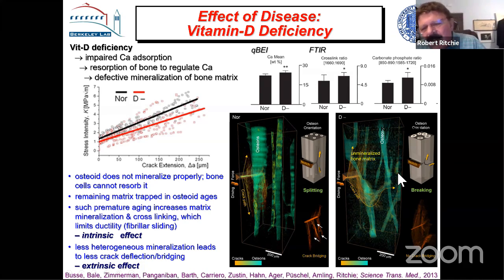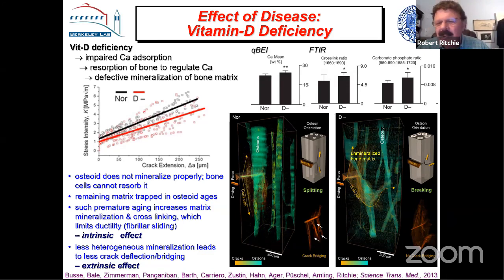Intrinsic effects, extrinsic effects: one limits the plasticity by cross-linking, the other limits the propensity for deflection, which reduces the extrinsic effect. Again, I'm not a biologist, I don't know the biological origin of these effects, but this is what I think causes these changes in the fragility of the bone due to aging or disease.